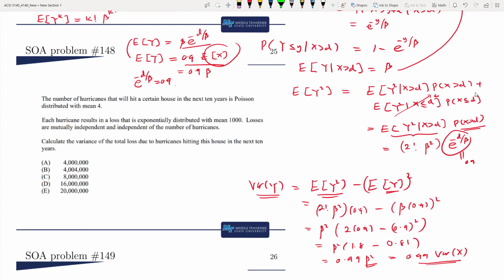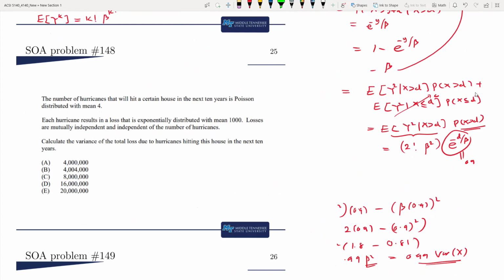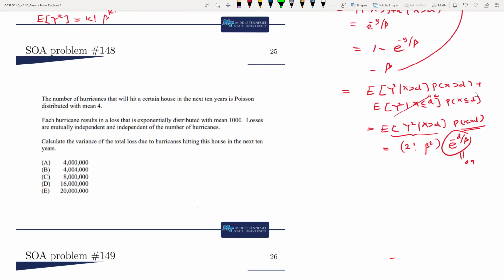Take a minute until I erase all of this, and read the problem while I'm erasing it. So the problem says the number of hurricanes that will hit a certain house in the next 10 years is Poisson distributed with mean 4.